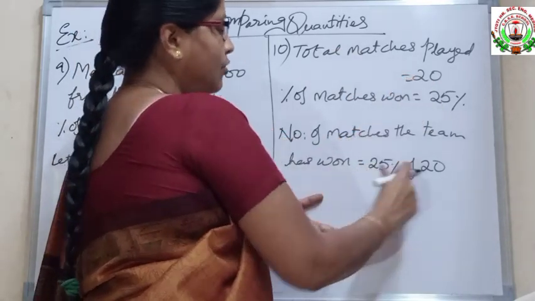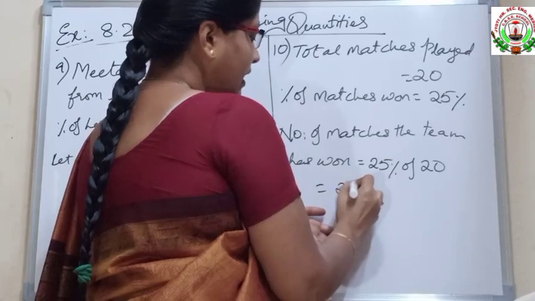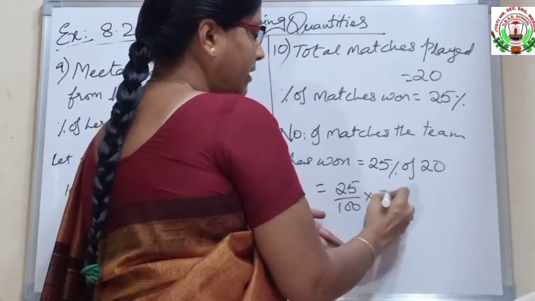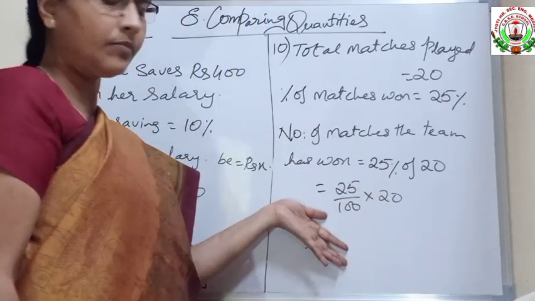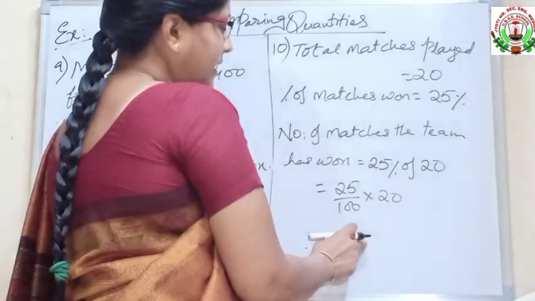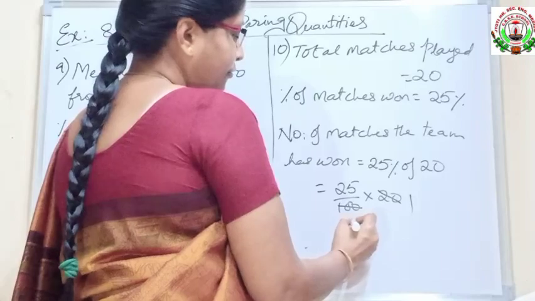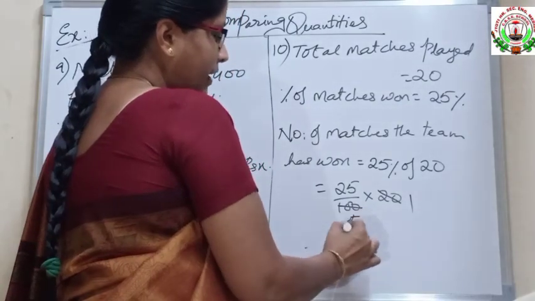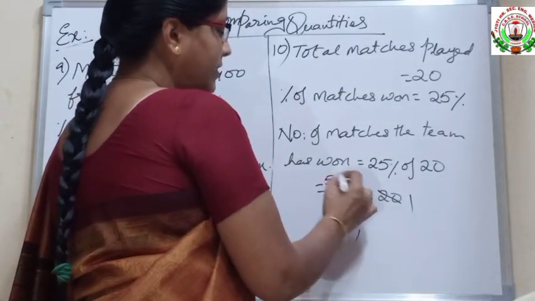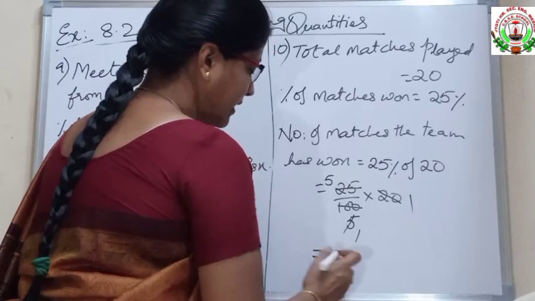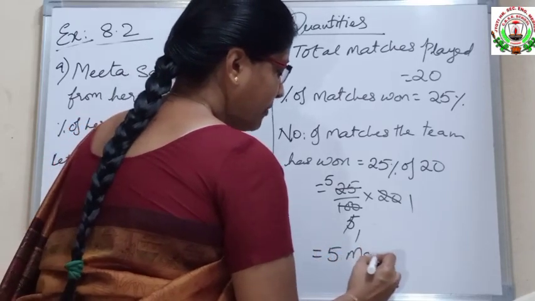So 25% of 20. So it is 25 by 100 into 20. So this will be, see, 20 ones are 20, 20 fives are 100, 5 ones are 5, 5 fives are 25. So here the answer is 5 matches.